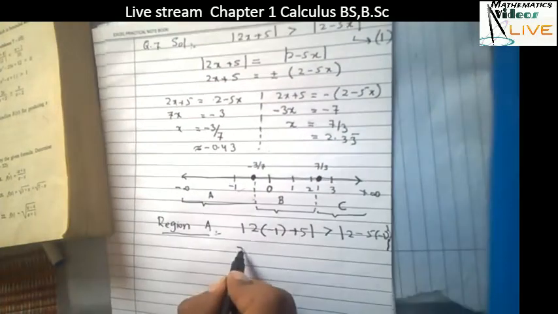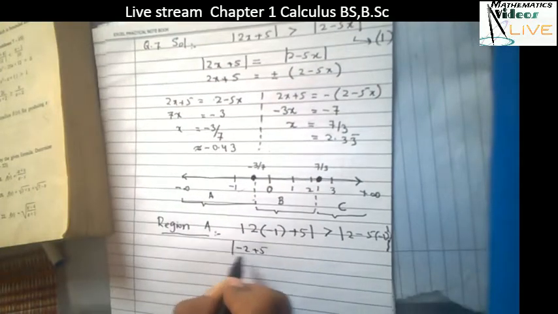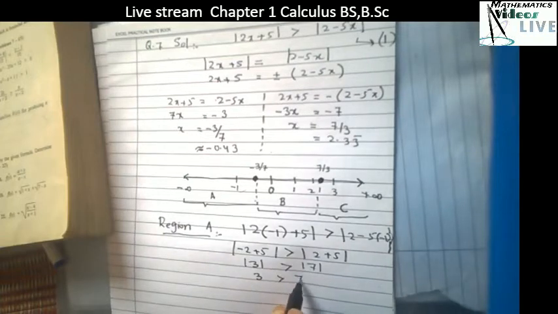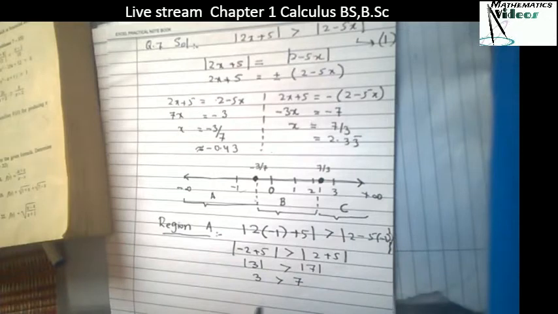One of the test points in this region is clearly minus 1, so we will put minus 1 in the given inequality: absolute value of 2x plus 5 greater than absolute value of 2 minus 5x, and in place of x we will write minus 1.